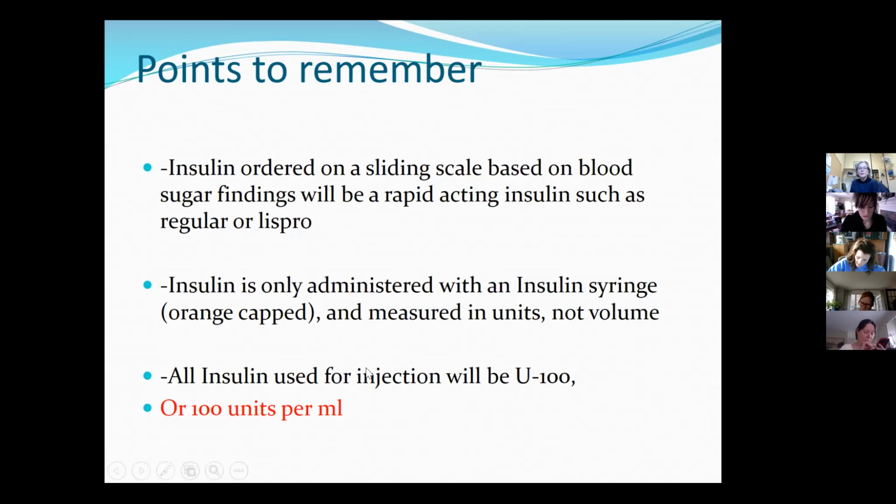And all insulin used for injection is what's called U100, which is 100 units per milliliter. So use an insulin syringe for administering insulin, and do not use an insulin syringe for anything else. They're not considered interchangeable syringes.